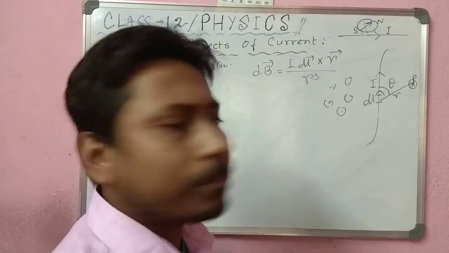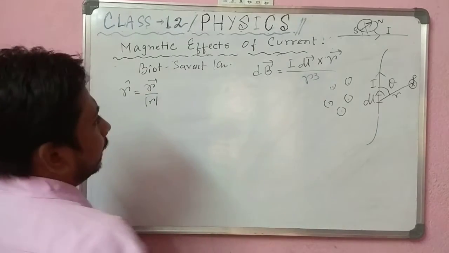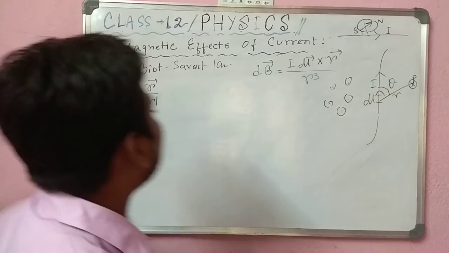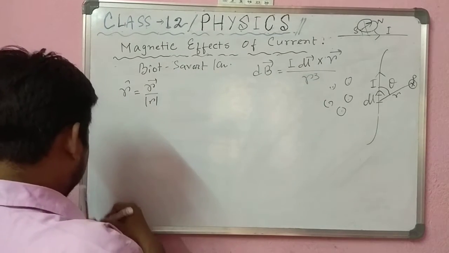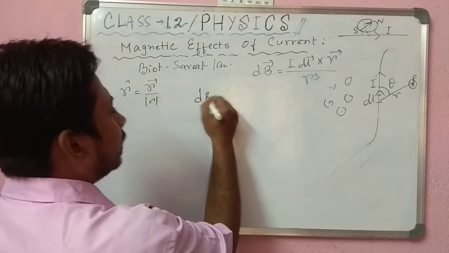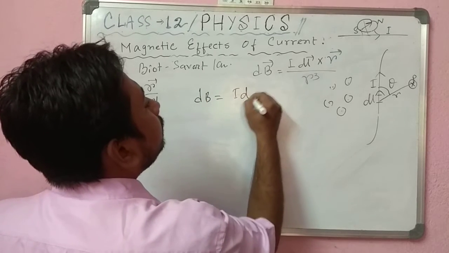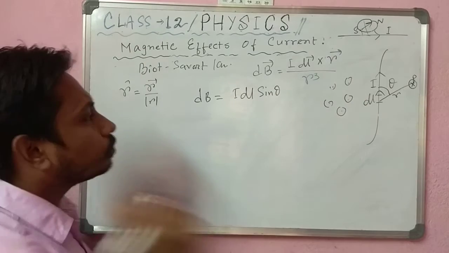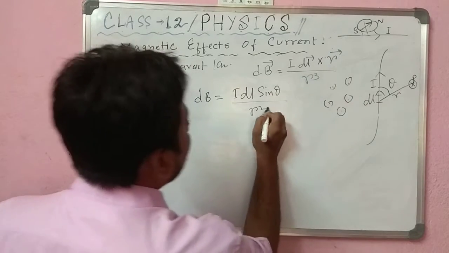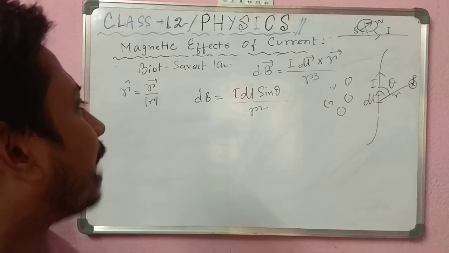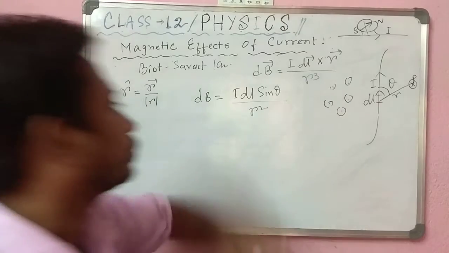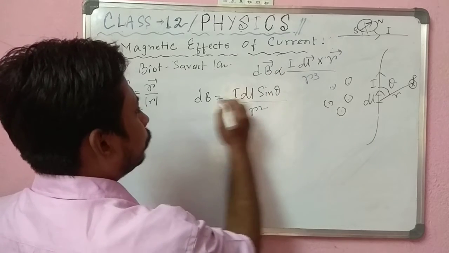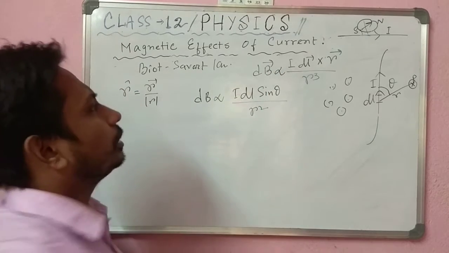Please write down, students, pause the video, write everything. Then you can also transform into scalar form for finding the magnitude. So dB is proportional to I dl cross r means sine theta, unit vector r means 1 by r square. So this is the Biot-Savart law formula, I dl sine theta by r square, directly proportional to.